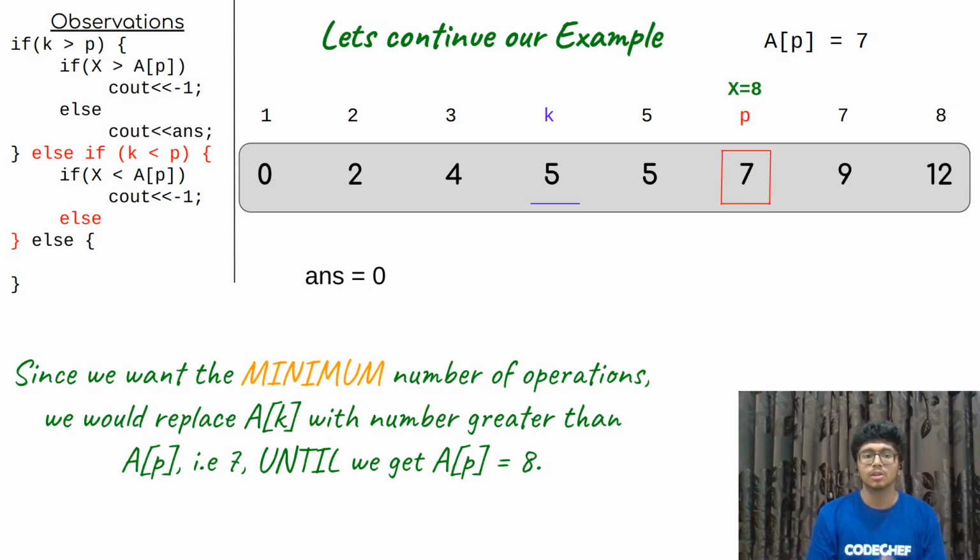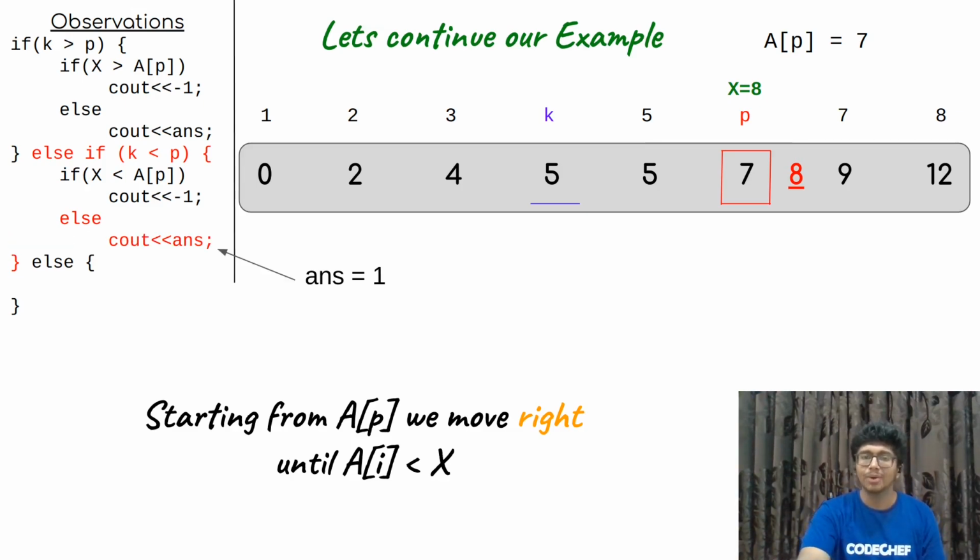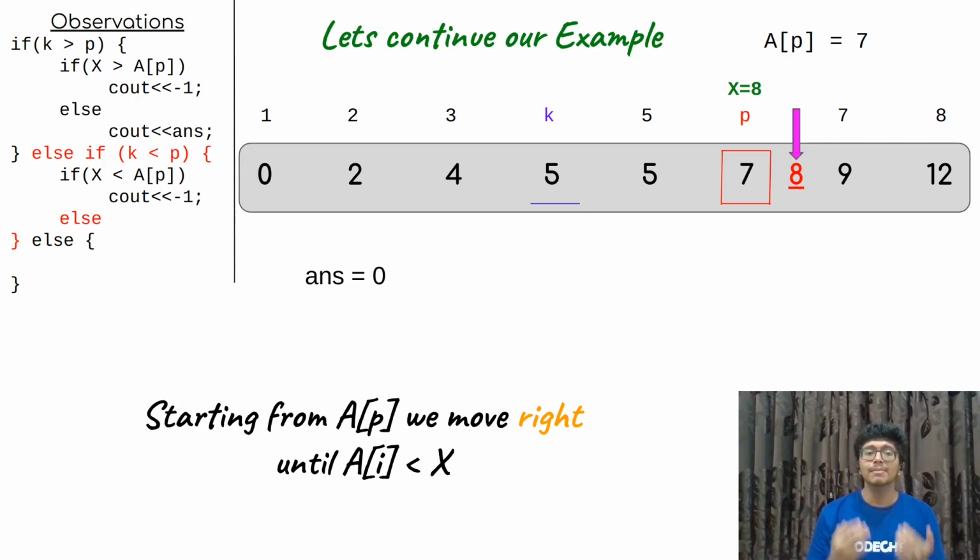Again, since we want the minimum number of operations, this time we would be replacing a of k with a number greater than 7. So definitely we would be taking the value x equal to 8 at that position. Performing it in a similar way, we start off from a of p and move to the right until the values are less than x.